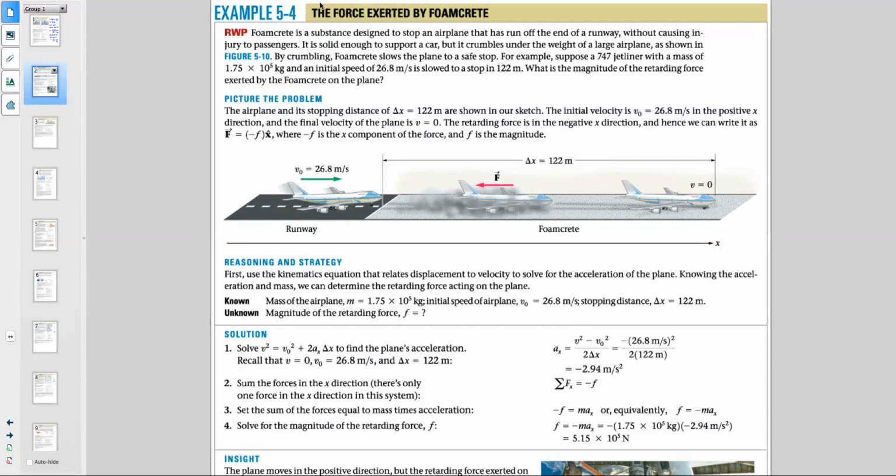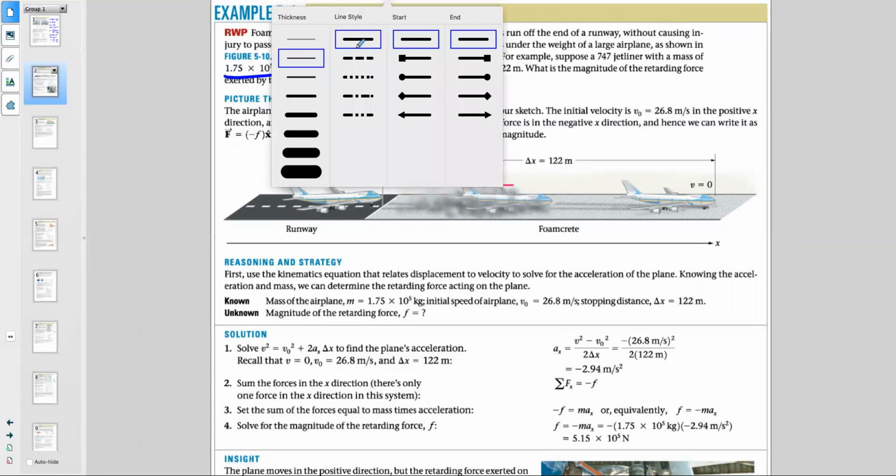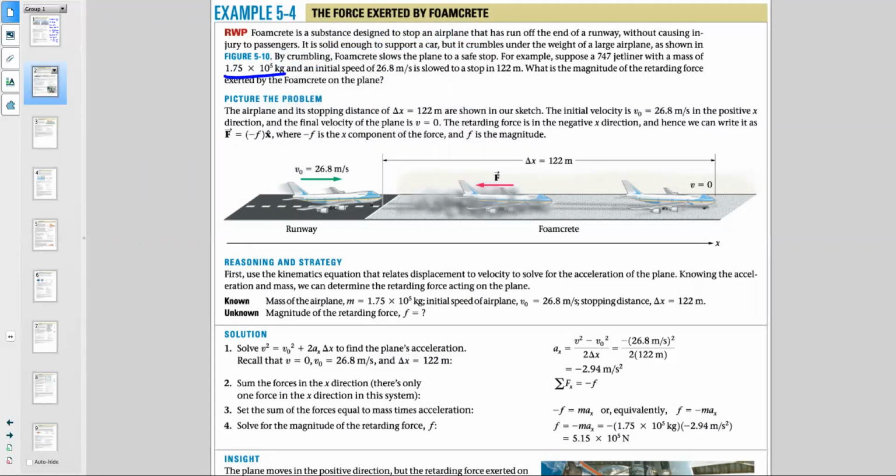So here is the mass. And an initial speed of 26.8 meters per second. That's the initial speed, and it will slow down to a stop in 122 meters.